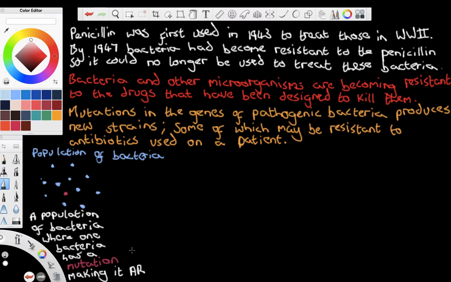So I'm going to put AR to shorten it. So we've got a population of bacteria where one is antibiotic resistant.